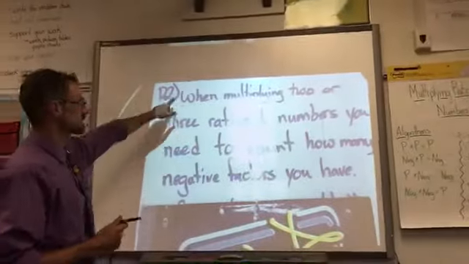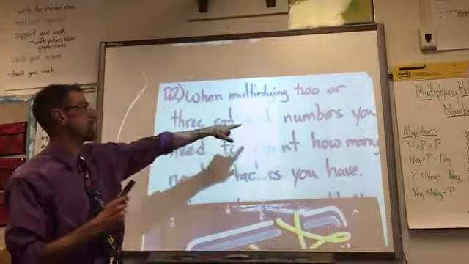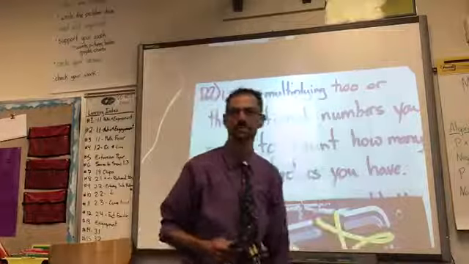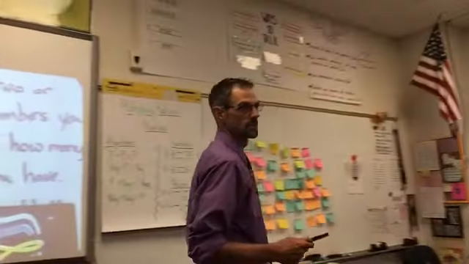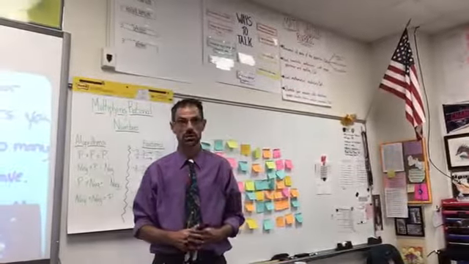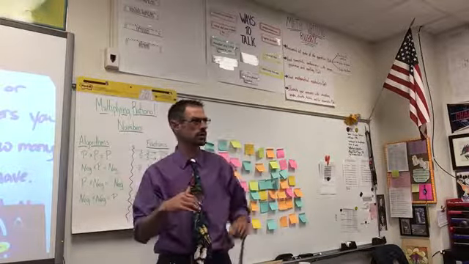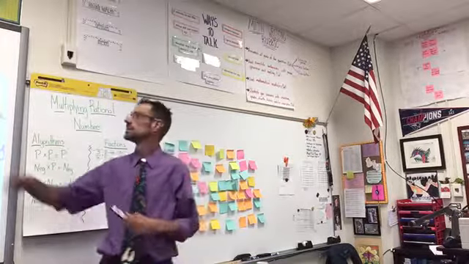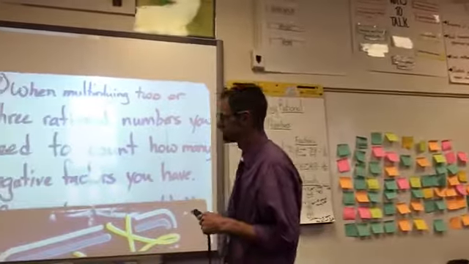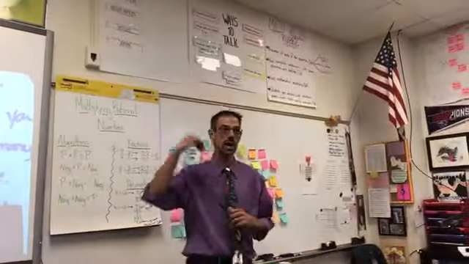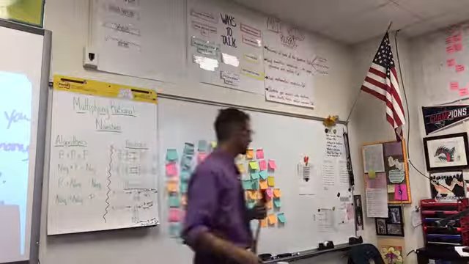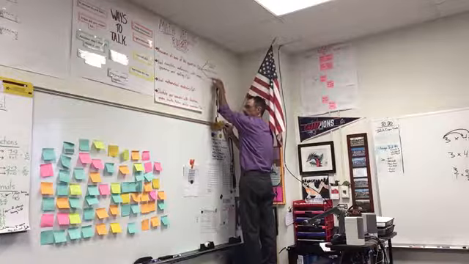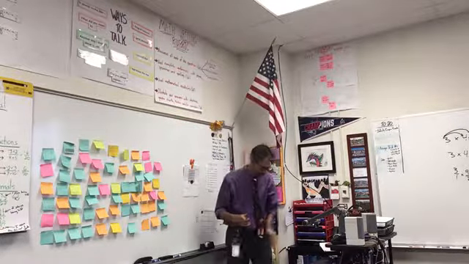My restatement says, when multiplying 2 or 3 rational numbers, you need to count how many negative factors you have. I restate that question because it's asking me what's the difference between having 2 and 3 negative numbers. So this was my reply. I answered the question and restated the question, but the part I have not done yet is explaining my answer.